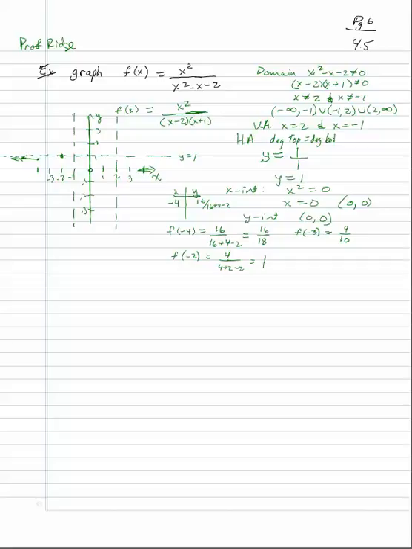So it's getting closer here. If I did f of negative 2.5, let's plug that in. Actually, I don't care about that one. I want negative 1.5. I want to get closer to x equals negative 1.